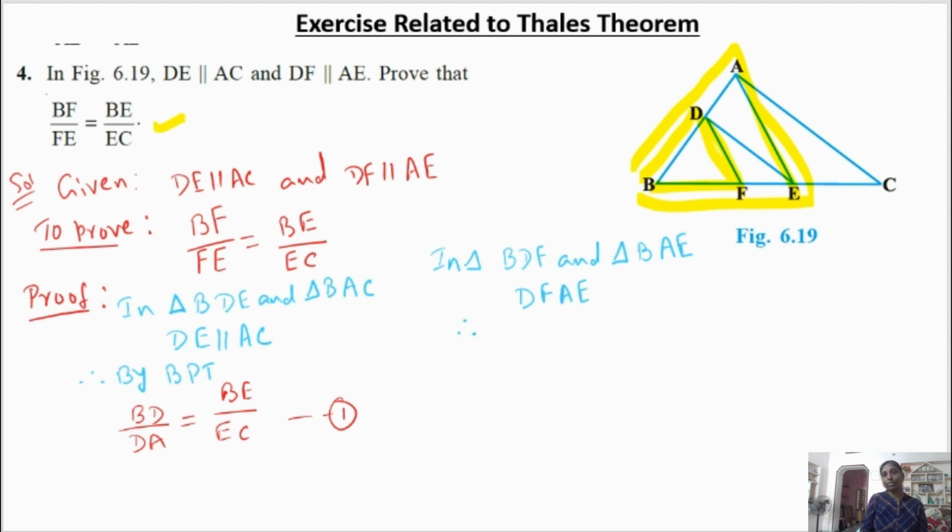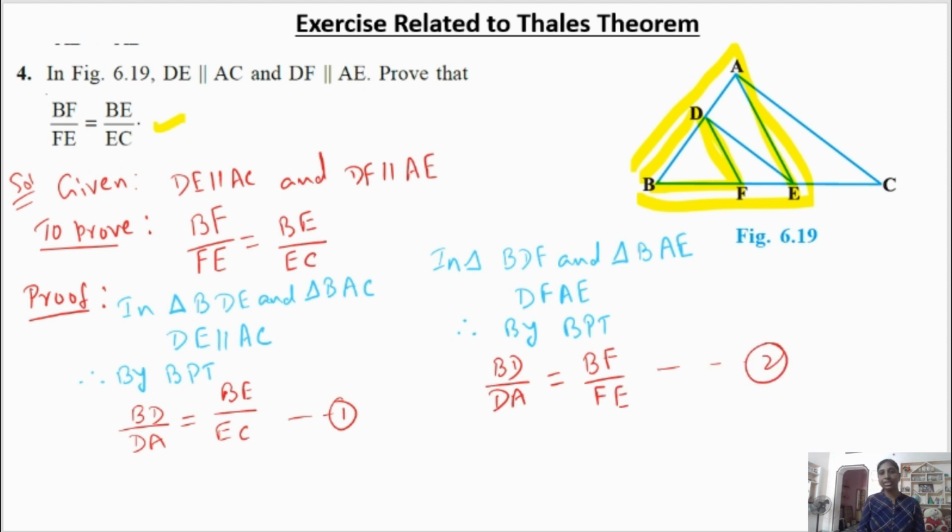So therefore by BPT, we can write here BD by DA is equal to BF by FE. So let us give it equation number 2.